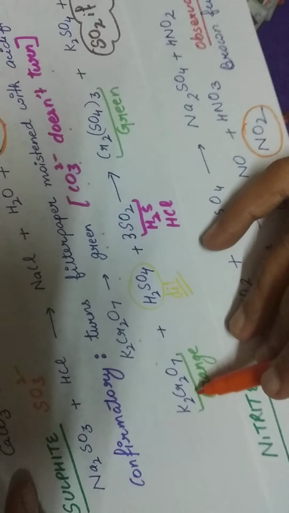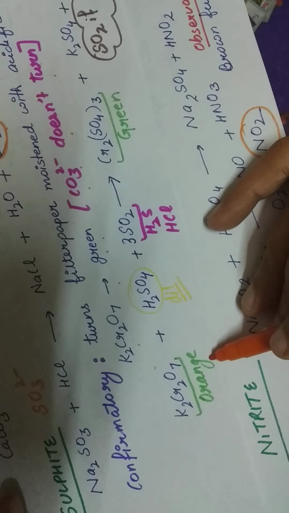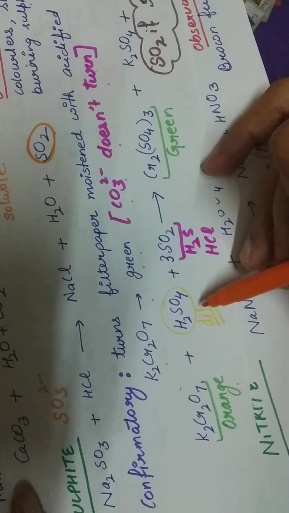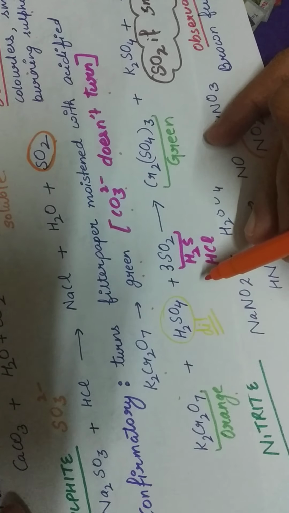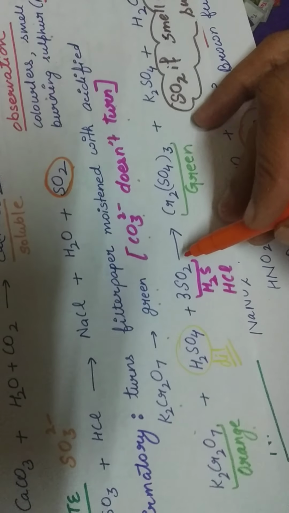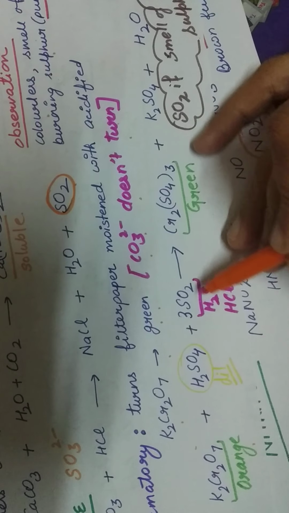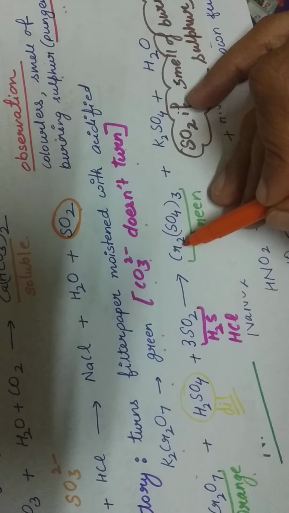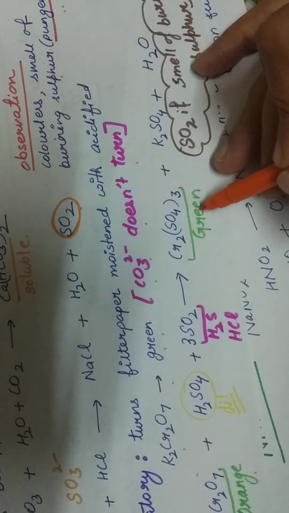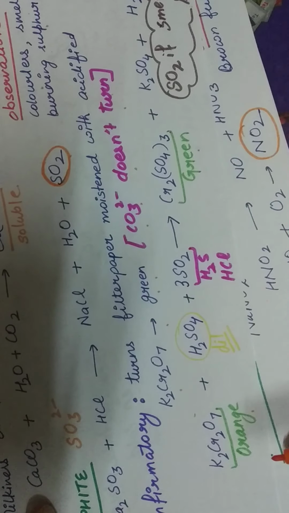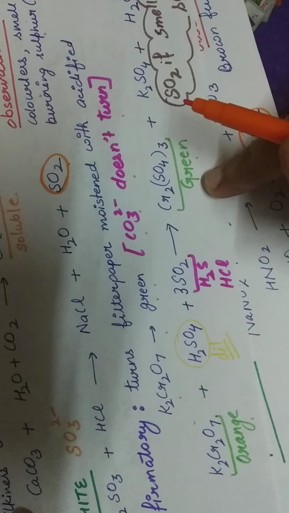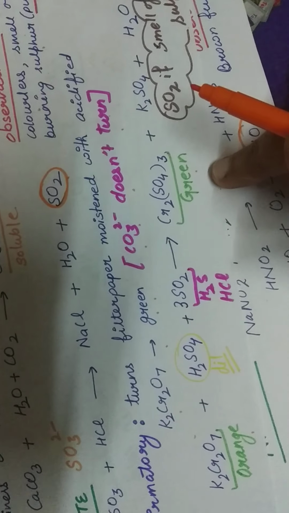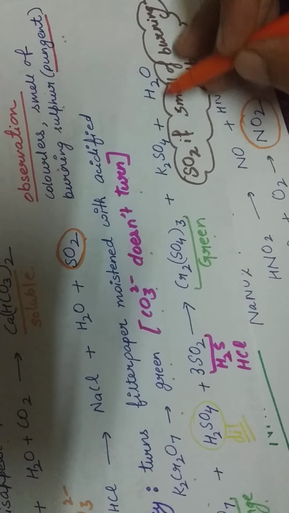So here potassium dichromate is orange in color, and we acidify it. Usually we take dilute H2SO4, and sulfur dioxide gas turns this into Cr2(SO4)3, which is green in color. So the color changes from orange to green, because of the formation of chromium sulfate plus other products.